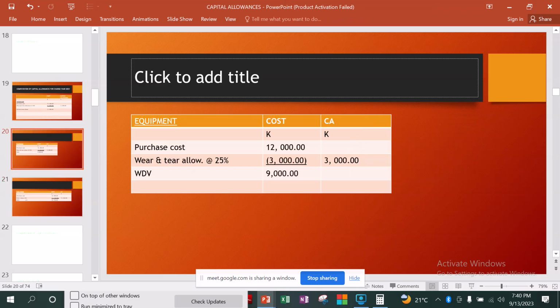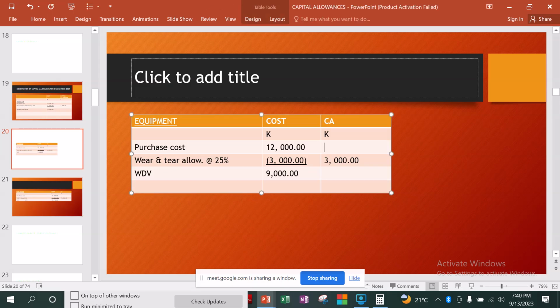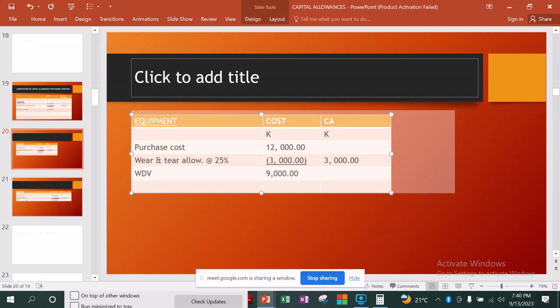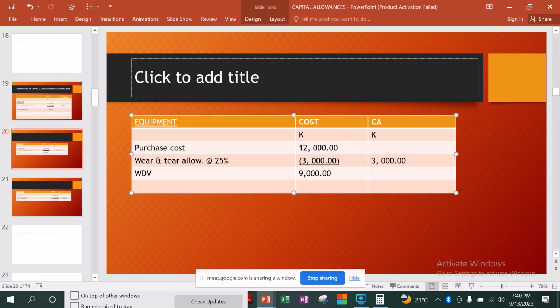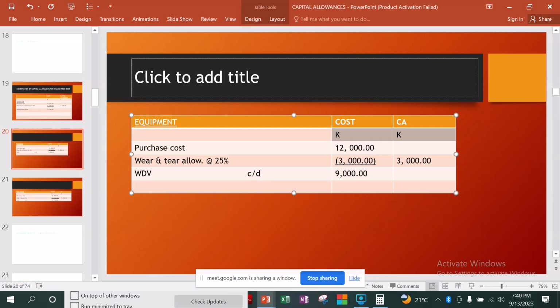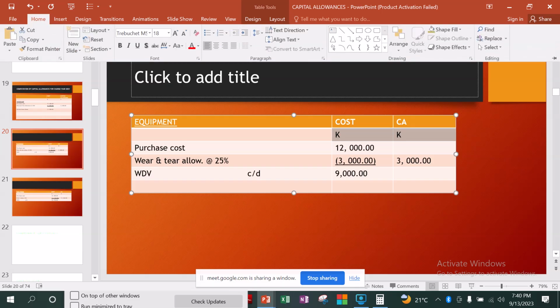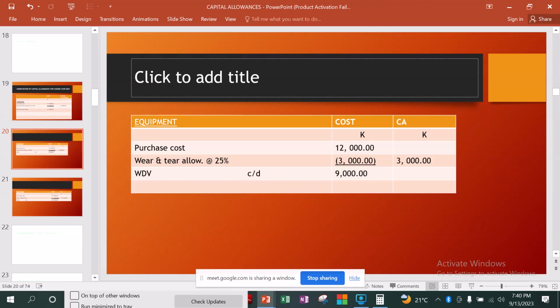We have equipment shown there. Here again, it's carried down, just to make it a bit neat. Okay, fine.